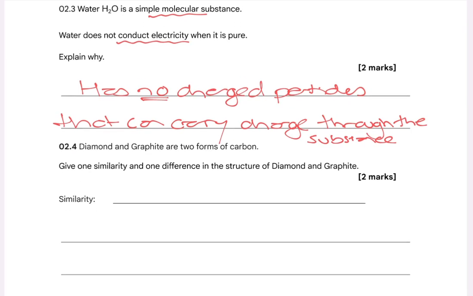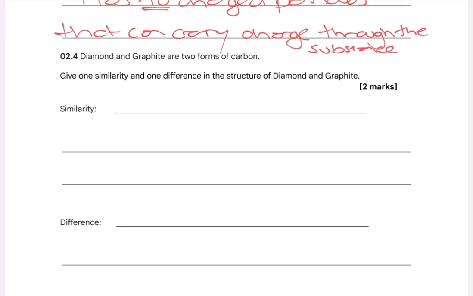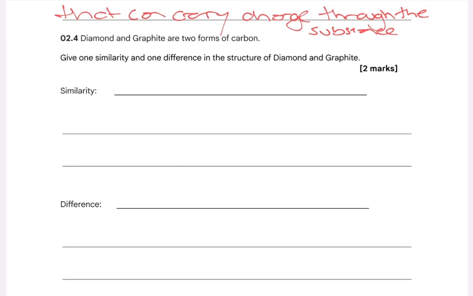So moving on again quickly into 2.4, we have a question now about diamond and graphite, so two allotropes of carbon, and it's asking us for one similarity and one difference.